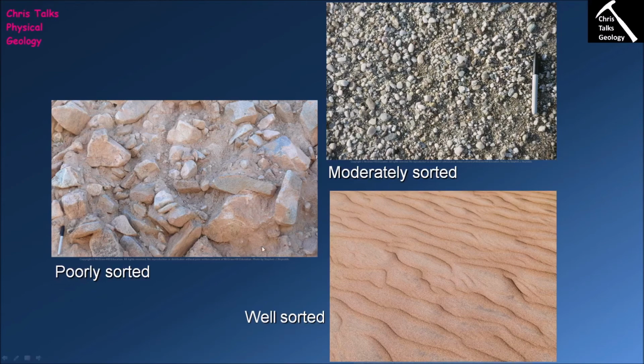The longer the transport, the more opportunity you have for bigger clasts to break up to form smaller clasts. So when we look at a clastic sediment, we will look at the shape of the clasts, we will look at the size of the clasts, and we will look at how well sorted the clastic sediment is. And those are all indicators which will give a geologist some idea about how long the sediment has been transported for, which is always something very important to know.